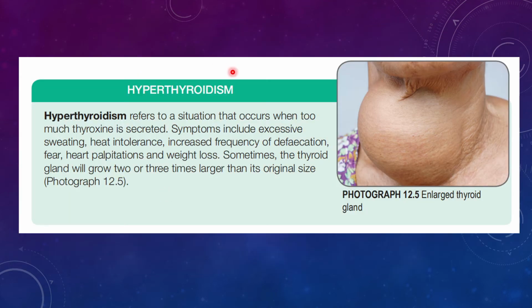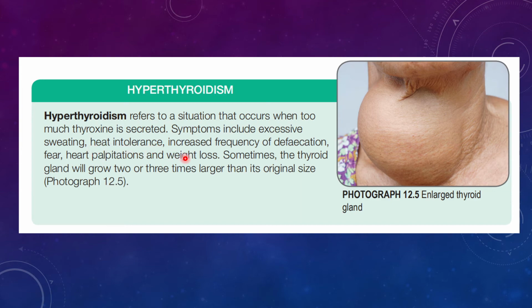Okay, this is the opposite of hypothyroidism. This is hyperthyroidism. That means a situation whereby the thyroxine hormone is too much, too excessive. That means this patient is metabolically reactive. So the symptoms are sweating, heat intolerance.